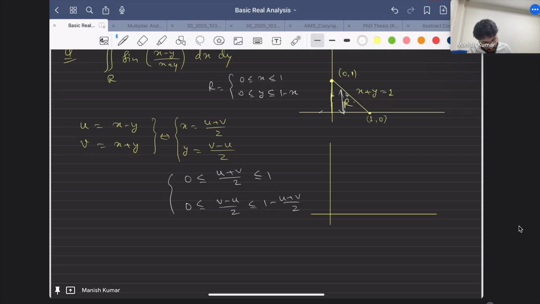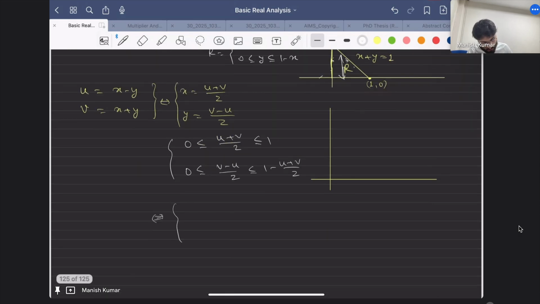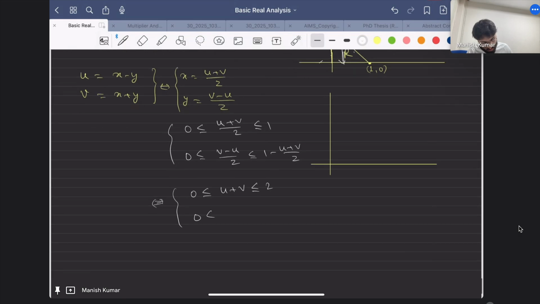This is the same as saying 0 less than or equal to u plus v less than or equal to 2, and (v minus u) by 2 less than or equal to 2 minus (u plus v).